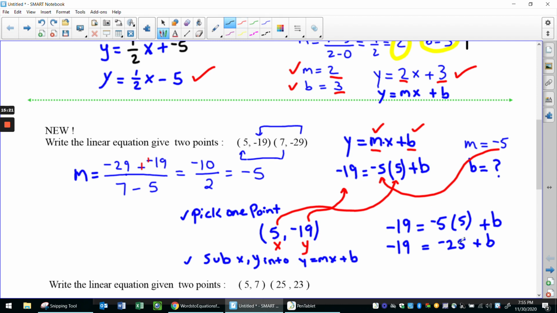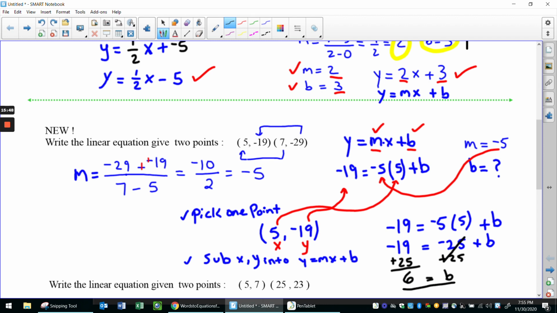What we're going to do is add 25 to negative 25, and that cancels this out, and balance your equation. So you're going to add 25 on the other side. Whatever you do on one side of the equation, you must do the other. So negative 19 plus 25 is going to give you 6. And there you have it. B now is solved, and b is equal to 6.